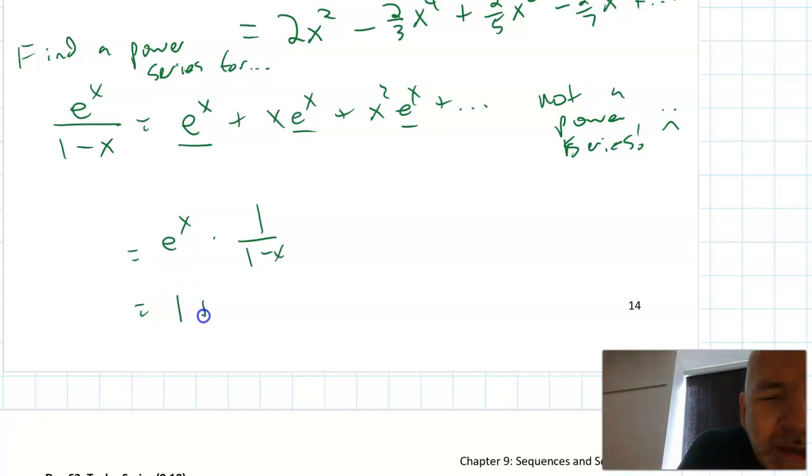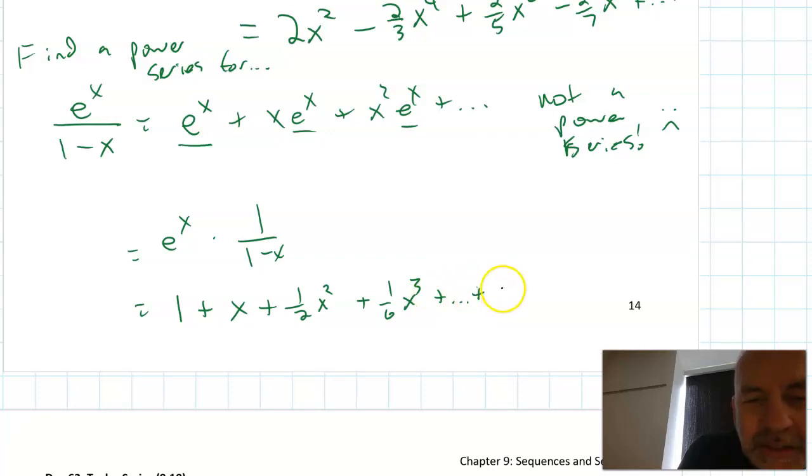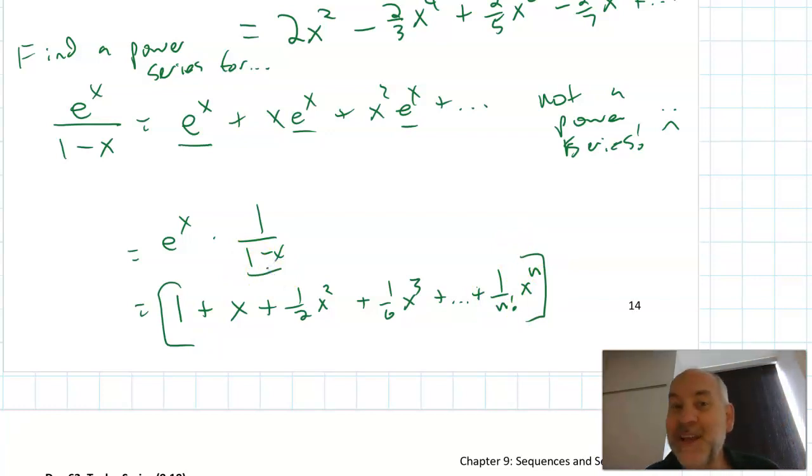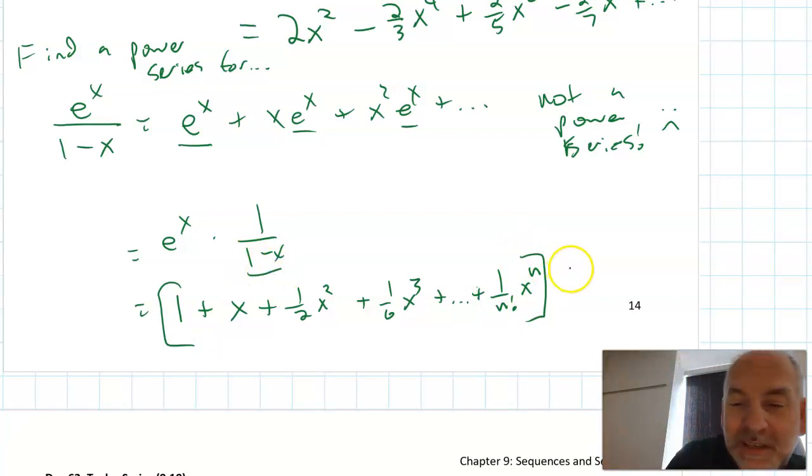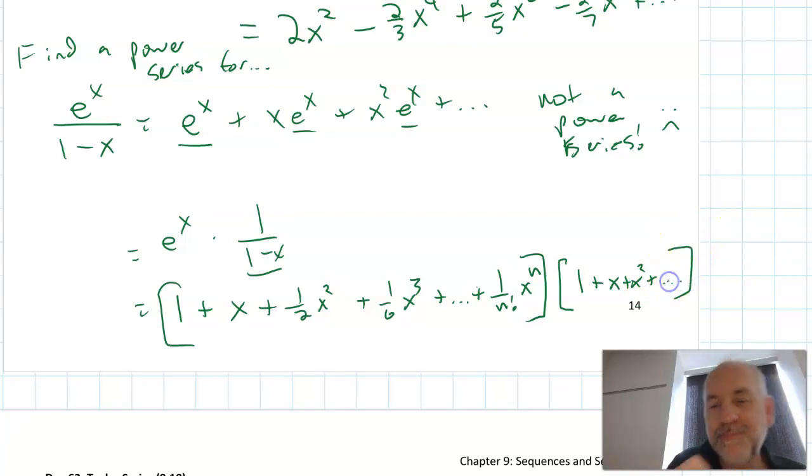That's just 1 plus x plus 1/2 x squared plus 1/6 x cubed plus ... plus 1 over n factorial x to the n, times this one, because I can represent that as a power series: 1 plus x plus x squared plus ... And in theory, you could FOIL this.